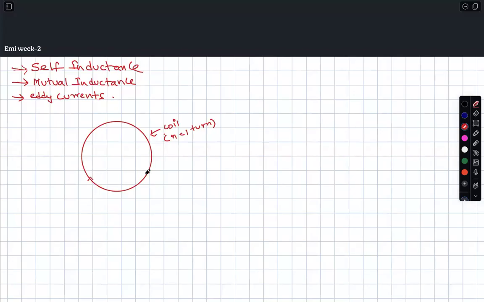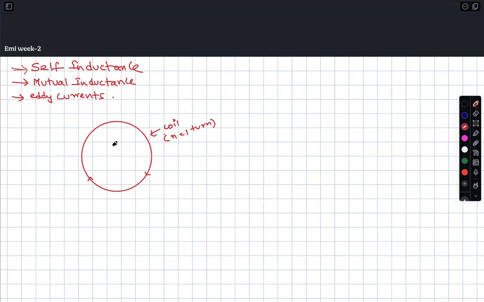In fact, current enters and leaves. That is not your headache. It enters and leaves. Now, what is happening over here? I'll explain.